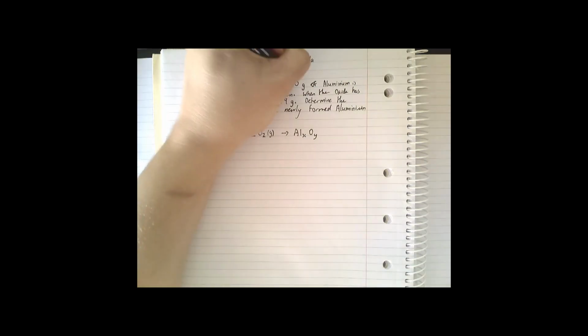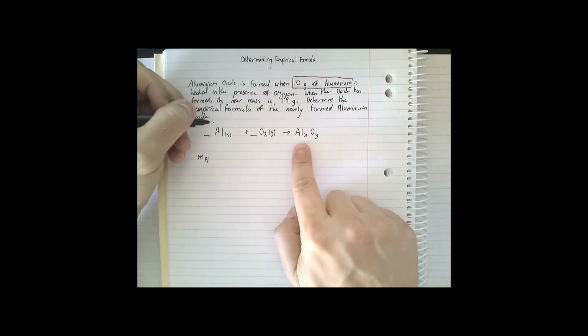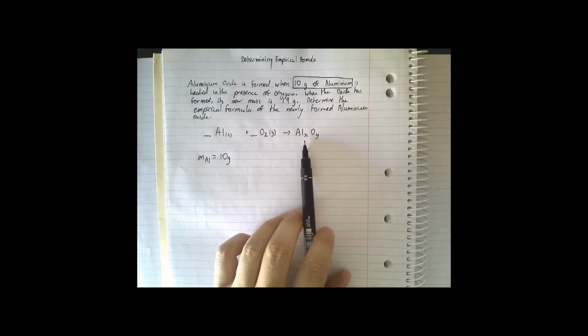So, some information that I can see to start us off. What I can see is that we start with 10 grams of aluminium. So, the mass of aluminium at the start and at the end, the mass of aluminium that will be inside the aluminium oxide at all times should be 10 grams. Now, we're assuming that the aluminium mass will be the same here and here at all times.